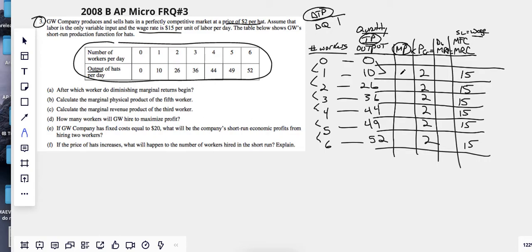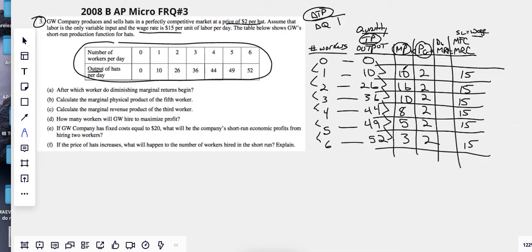So from 0 to 10 is 10. 10 to 26, 16. 26 to 36 is 10, 36 to 44 is 8, 44 to 49, 5, 49 to 52, 3. Marginal product times the price of the good should give you your marginal revenue product.